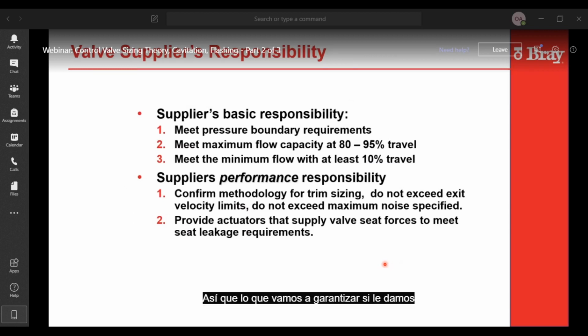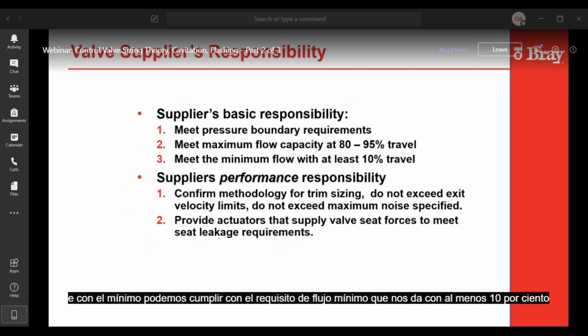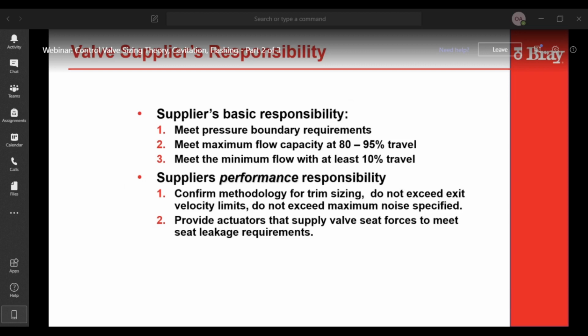So what we're going to guarantee is we give you a valve that meets the pressure boundaries. So it's the right ASME class. If you don't specify one, we give you the right one that matches the pressure and temperature. We give you a maximum flow, hopefully, at a range that doesn't exceed 80% of travel, and you meet the minimum. We can meet the minimum flow requirement you give us with at least 10% travel, so you have a long service life valve.